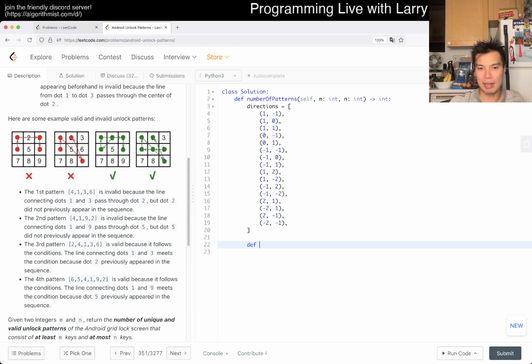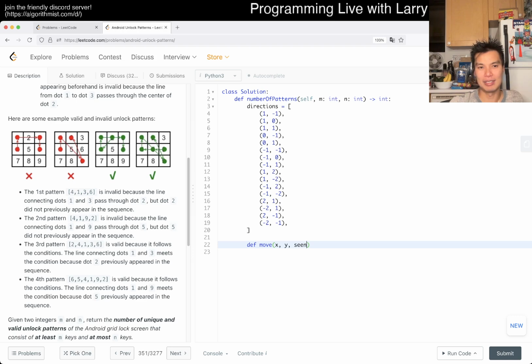Naming things is always hard. I just go with move. I'm lazy. So now we're currently at x, y, and we already have a seen array, or matrix, I guess.